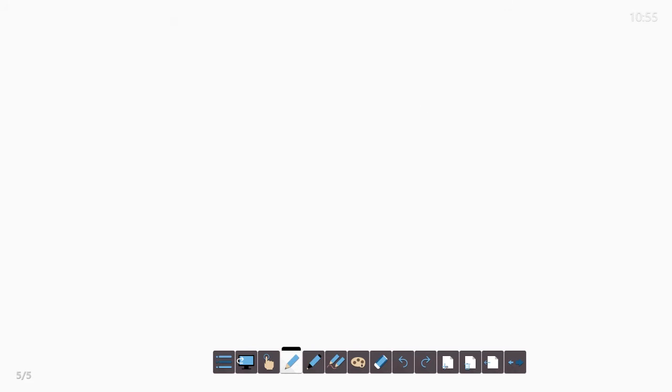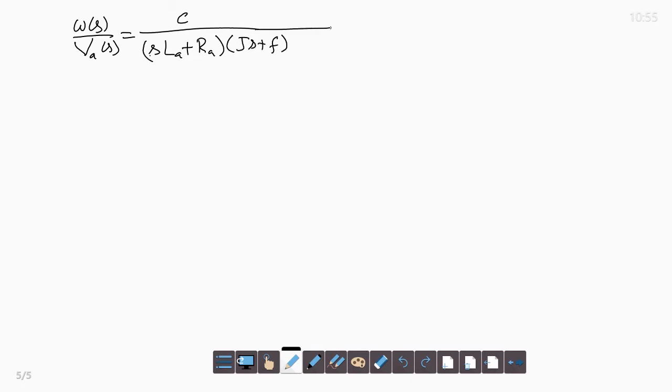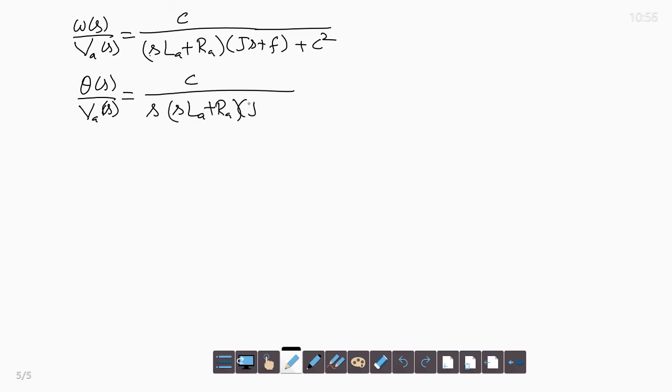So, you can write omega S by VAS is C divided by SLA plus RA into JS plus F plus C square, or the position transfer function theta S by VAS equals C divided by S into SLA plus RA into JS plus F plus, here K square is written by mistake, it is C square. First one is the speed transfer function, second one is the position transfer function.